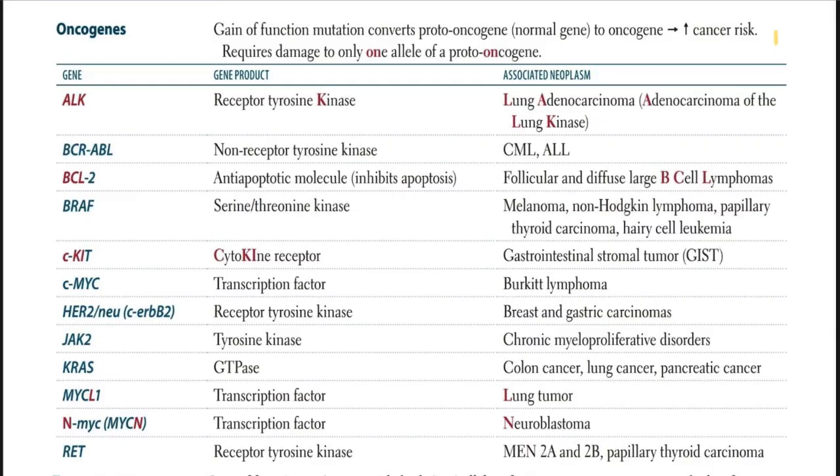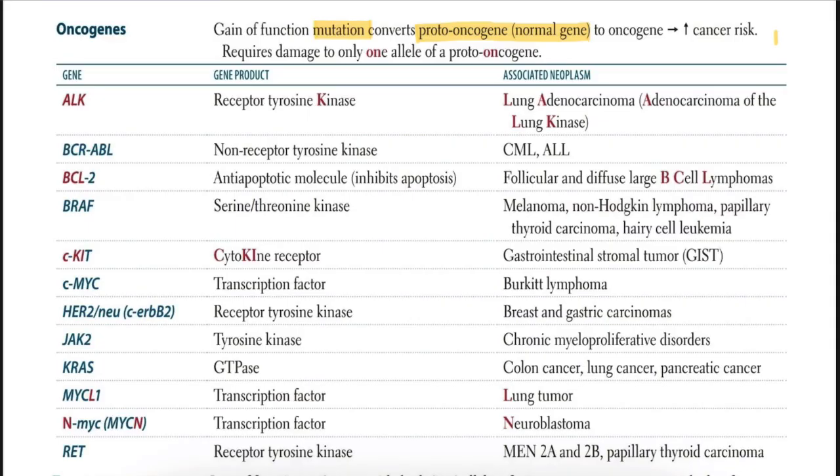So let's understand the basic concept of what oncogenes are. Oncogenes are mutated or overexpressed versions of normal cellular genes called proto-oncogenes. That means some genetic mutation is happening.